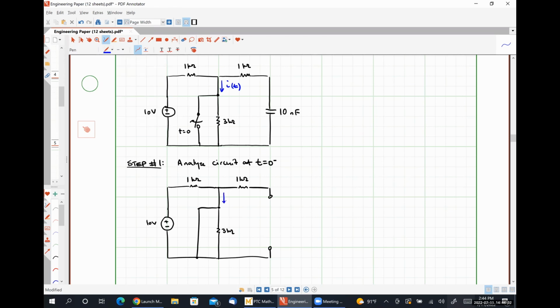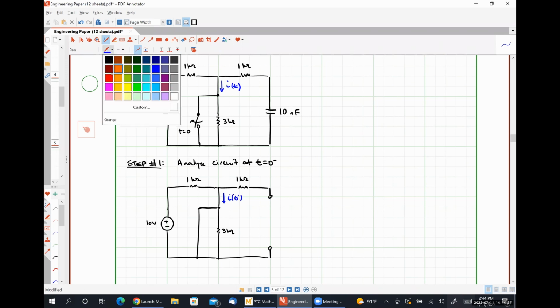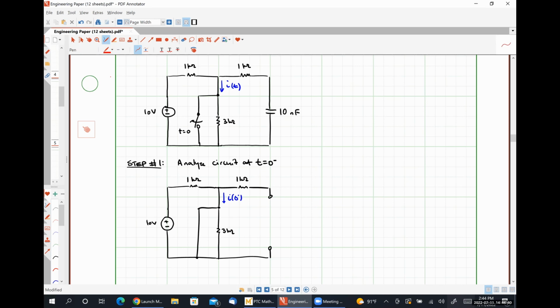So here is our current I at 0 minus, and we're not specifically asked for it, but we are going to need to keep track of it. This is our capacitor voltage, VC at 0 minus. I'd like some help, if at all possible, determining what these quantities are. Does anybody have any thoughts?